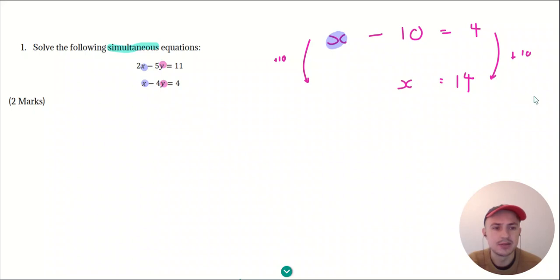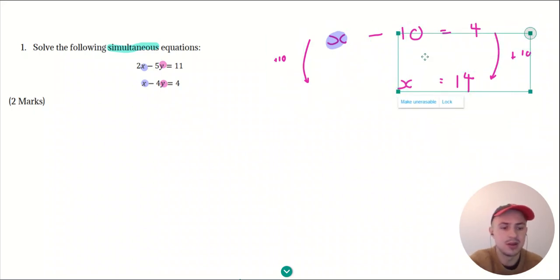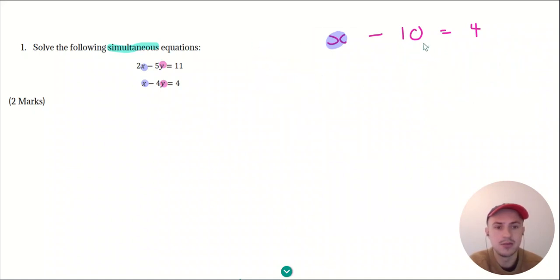However, if we now introduce, rather than minus 10, the minus 4y, which we're dealing with in the question, what does that change? X could be 14, yes. Let's say x is 14.